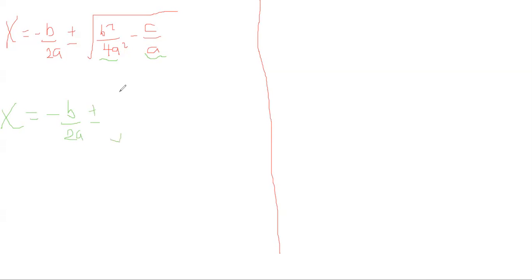The LCD, that is lowest common denominator, is basic high school algebra. The lowest common denominator is 4a squared. What we mean by lowest common denominator is that you look for a number or variable or a mixture whereby 4a squared can go without a remainder, and the other one also can go into it without a remainder.